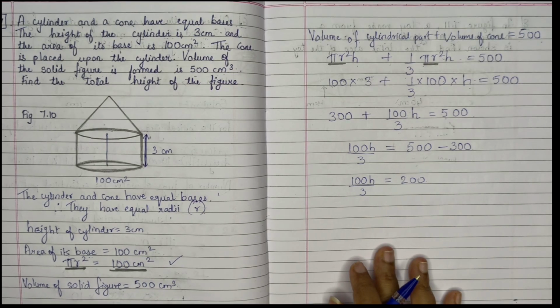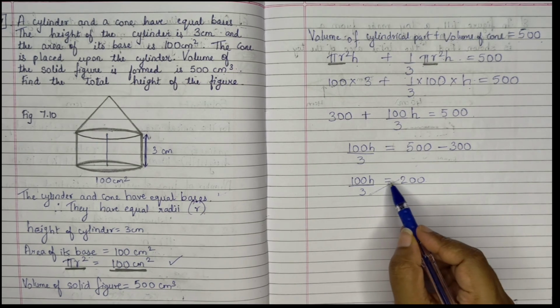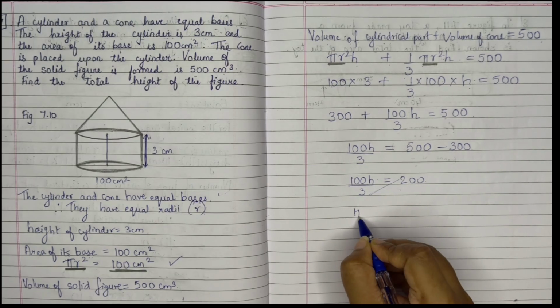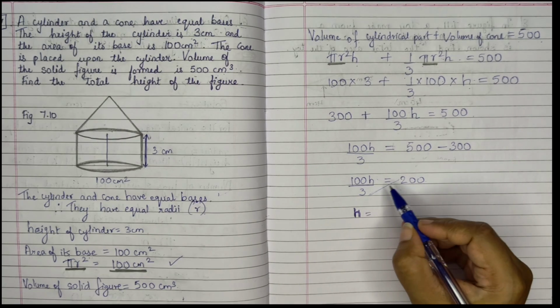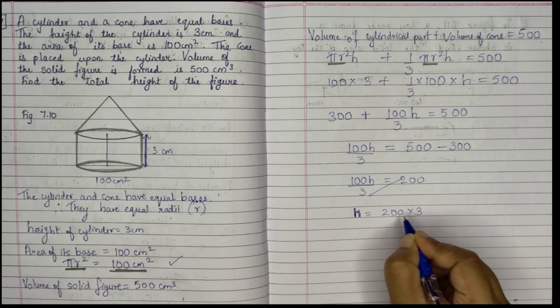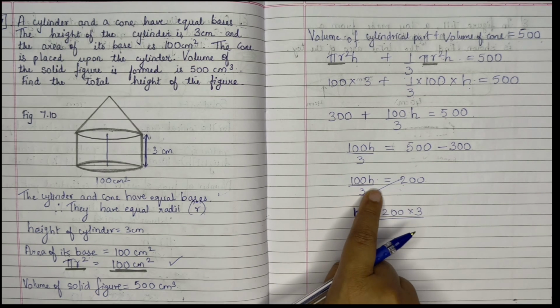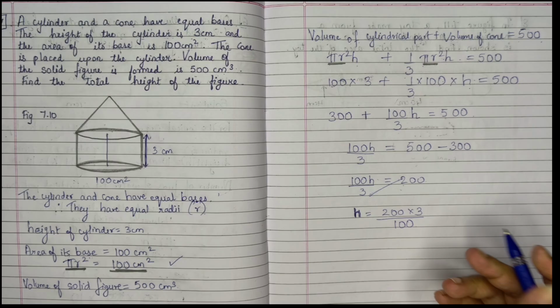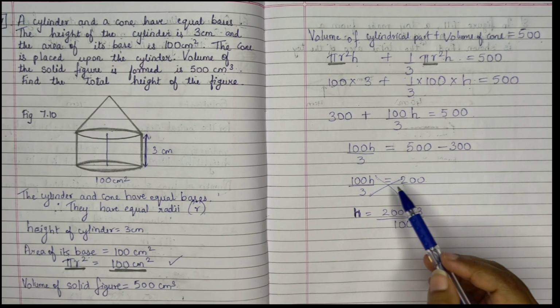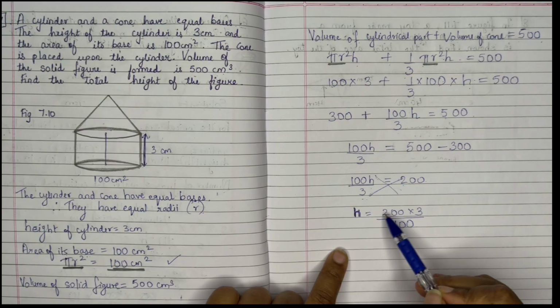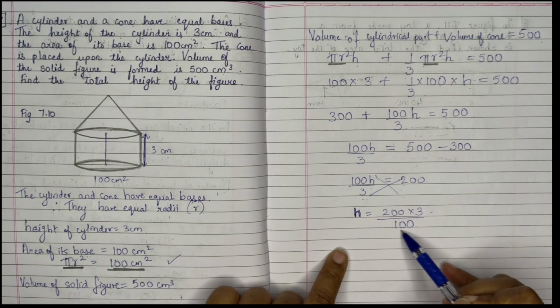Now we will cross multiply here. h is equal to 200 multiplied by 3, and this 100, which is in multiplication with h, will come here in division.